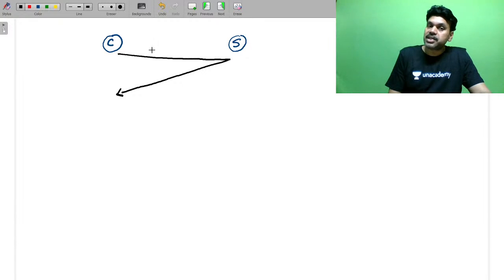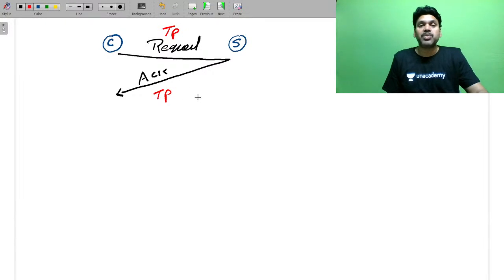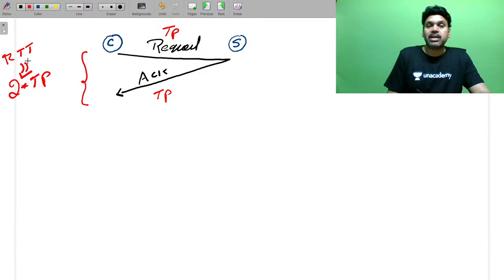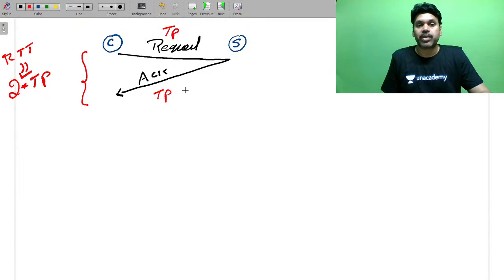The client provides a request and the server performs an acknowledgement, and this request takes a TP time, an end-to-end time. End-to-end time is nothing but TP time. So your RTT is 2 into TP.